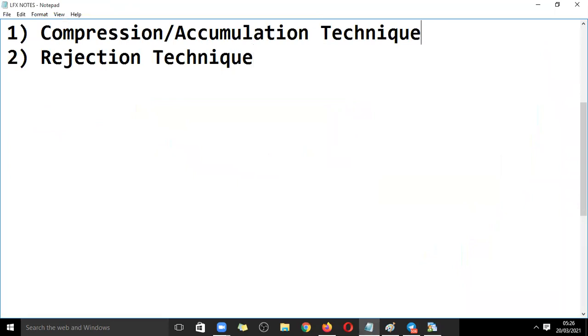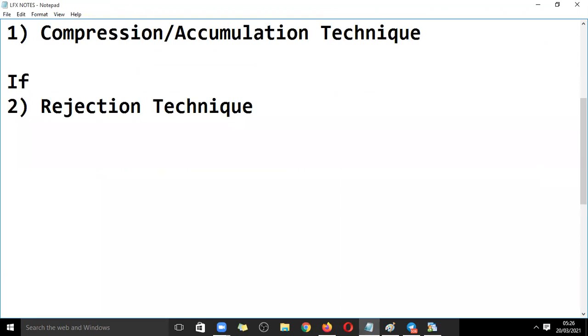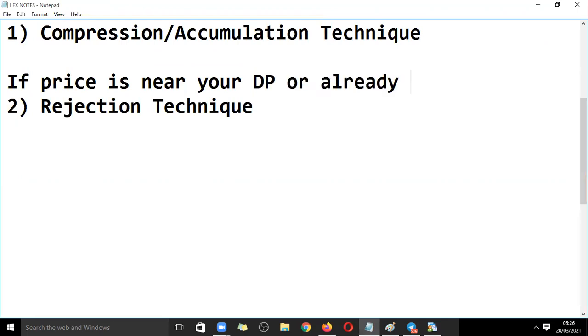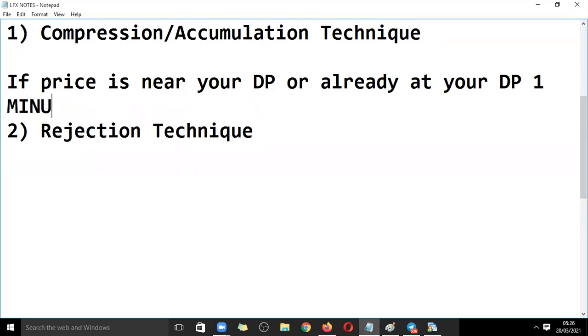So let me just write it down. If price is near the decision point or already at your decision point, 1 to 2 minutes to the event, let me just say 1 minute to the event, pull the trigger.